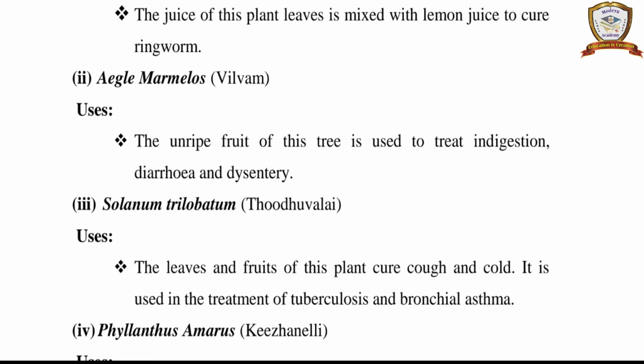So in Aegle marmelos, the M is printed as a capital letter here; you have to change it. Uses. The unripe fruit of this tree is used to treat indigestion, diarrhea and dysentery.